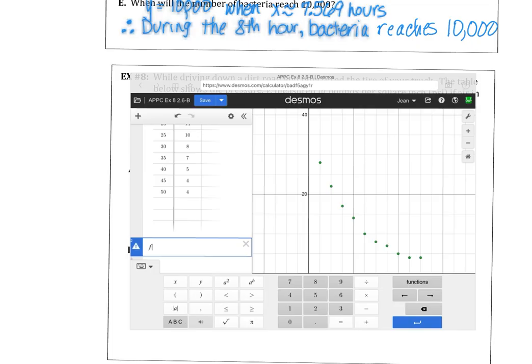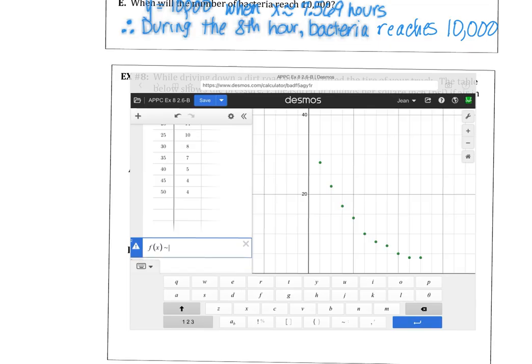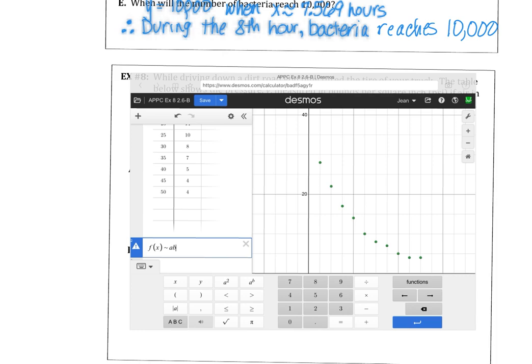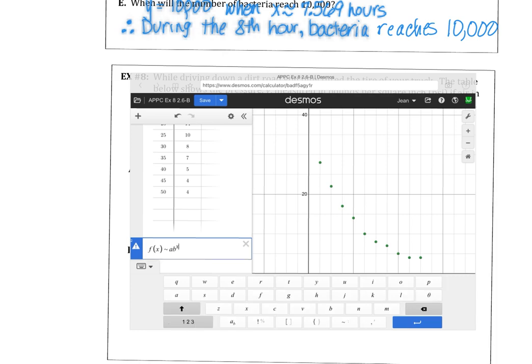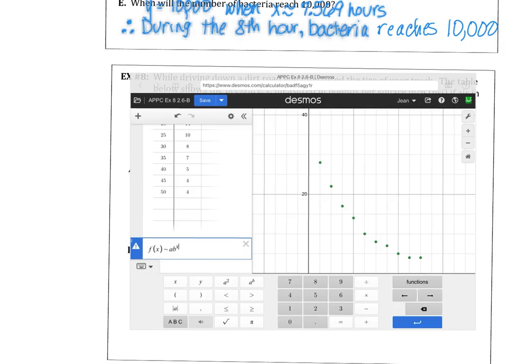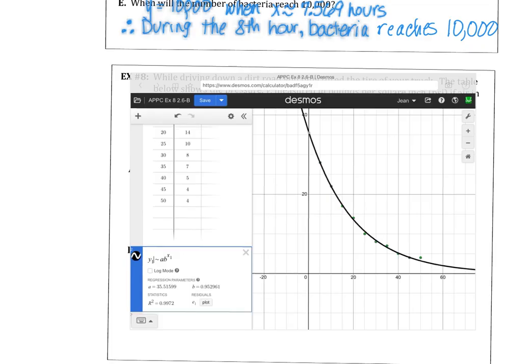I take that back. It needs to be y sub 1 is approximately ab to the x sub 1 power.